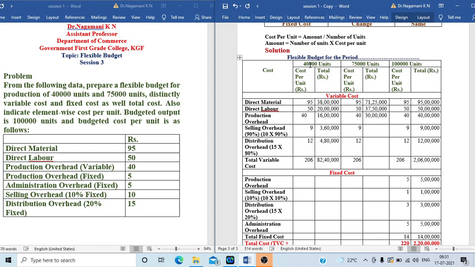Next selling overhead, 9 into 75,000, 6 lakh 75,000. Then distribution overhead, 12 into 75,000, 9 lakhs will come. Put the total variable cost amount, 1 crore 54 lakhs 50,000.